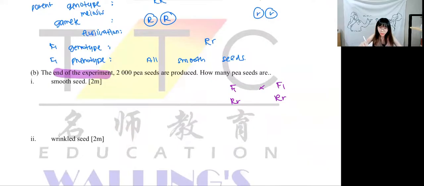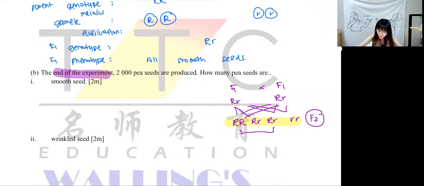So we have to know how many smooth and how many wrinkle, right? Again, just simply draw by your own understanding and you're going to get your answer. The first one is 2 big R, small r, big R, small r, 2 small r. This here will be your F2 generation. At the end is the F2 generation, right? So how many are smooth seed? These 3 here are smooth seed.